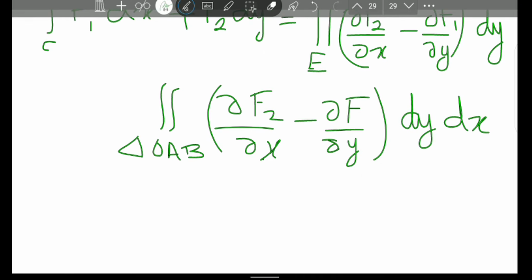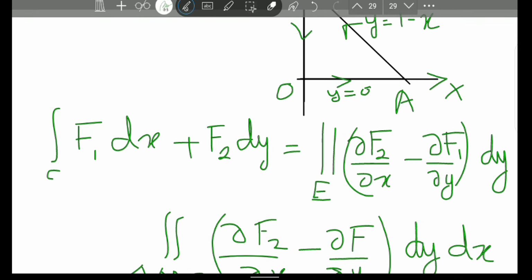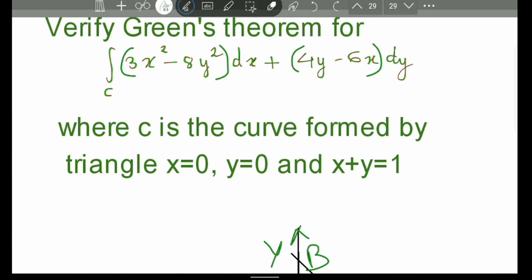But what are f1 and f2? For that purpose, we should compare this left hand side with what's given to us. We are given just the integral over closed curve 3x square minus 8y square dx plus 4y minus 6x dy.